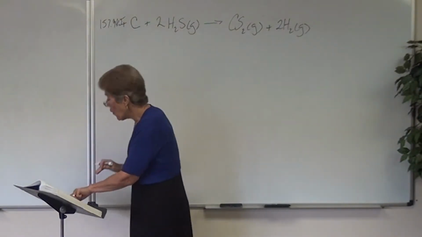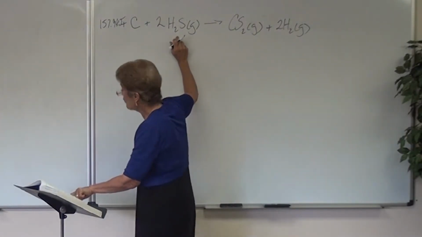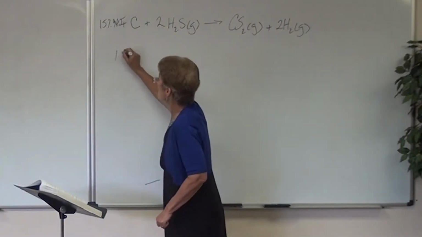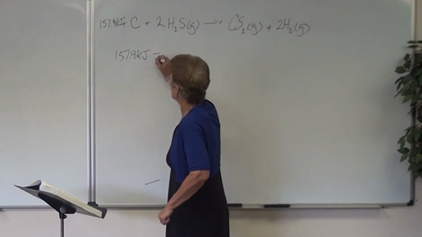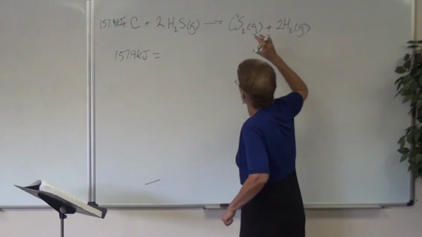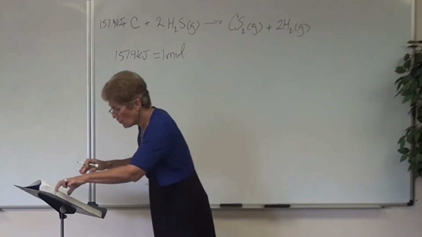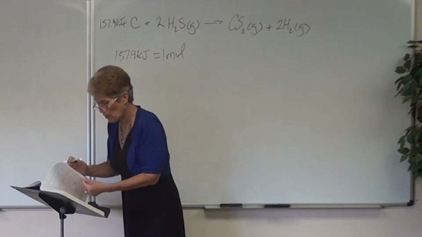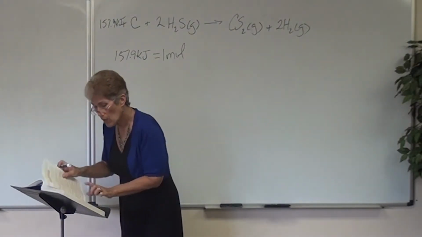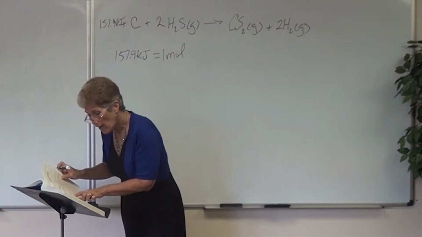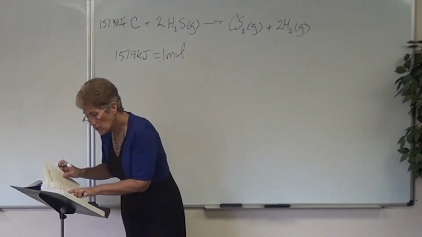And then it says, what is the delta H formation of this? Well, actually, that's not hard because you know that it's 157.9 kilojoules equals, it's the products, which we have 1 mole of CS2. So I got to go back to my little Hess's chart. There it is on page 424. And I find CS2 gas.